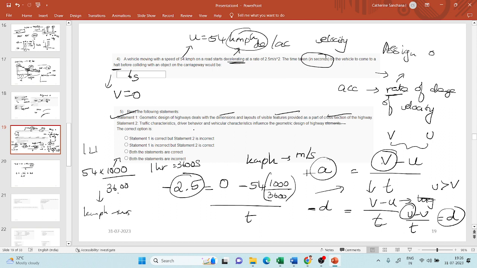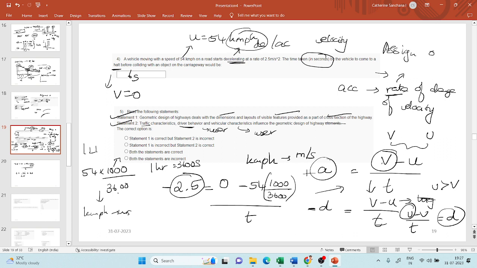Traffic characteristics, driver behavior, and vehicular characteristics influence the geometric design of highway elements. Obviously, because we saw the controlling factors that control the design, and it had traffic, it had user behavior, which is driver behavior, which is user, vehicular characteristics, which is also user.